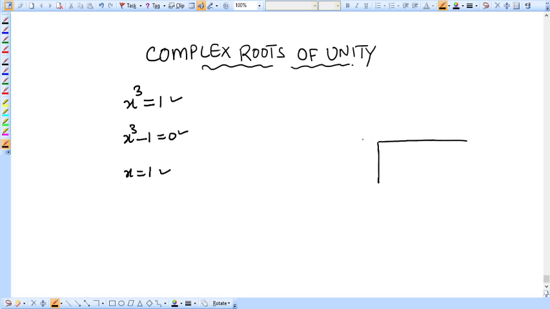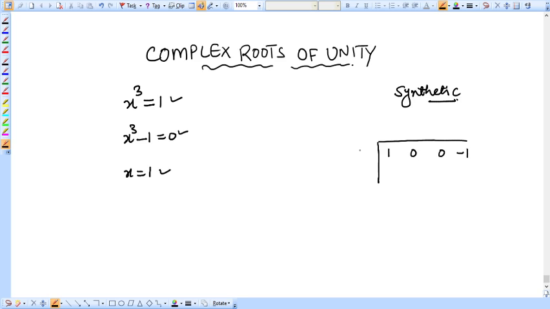The coefficients of this equation are 1, 0, 0, minus 1. We are applying synthetic division. We have learned about this in elementary classes. Or in place of this you can also apply long division.